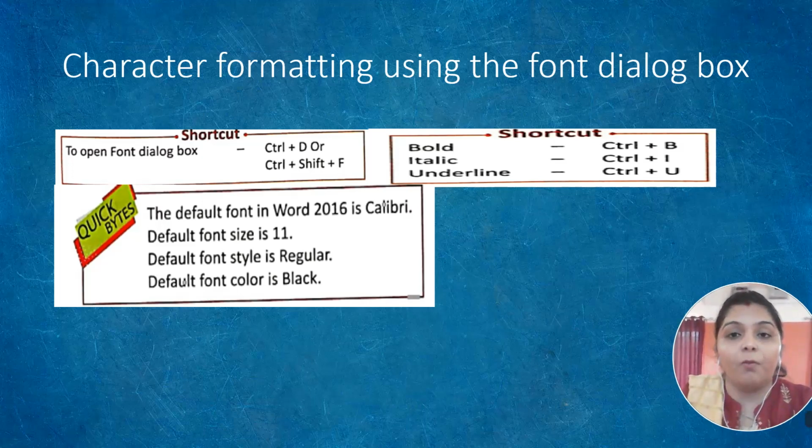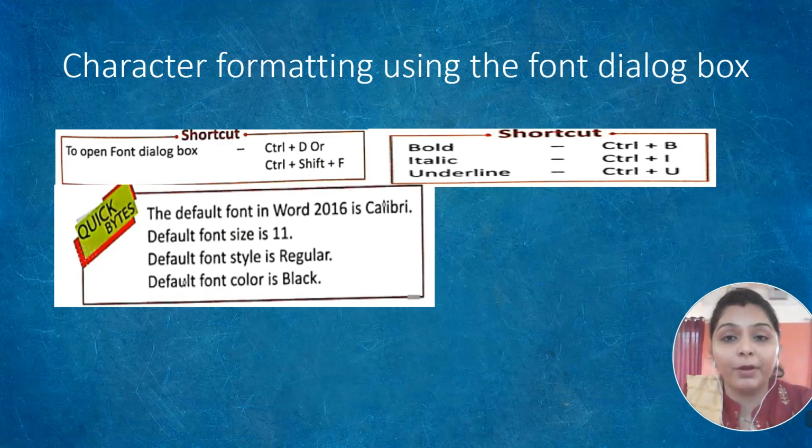Now pay attention, dear children. The default font in Word 2016 is Calibri, the default font size is 11, the default font style is regular, and the default font color is black. These are all the default settings in Microsoft Word.